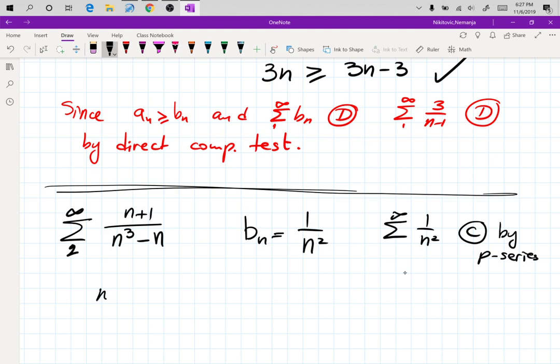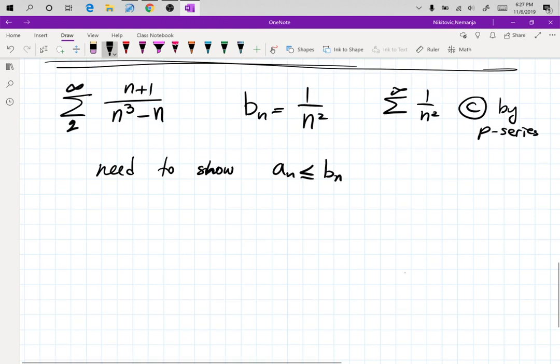So now we need to show that an is smaller than bn, because bn is the convergent one and you want to squeeze an into convergence. So now you do the proof, and if that condition holds, then you are done.